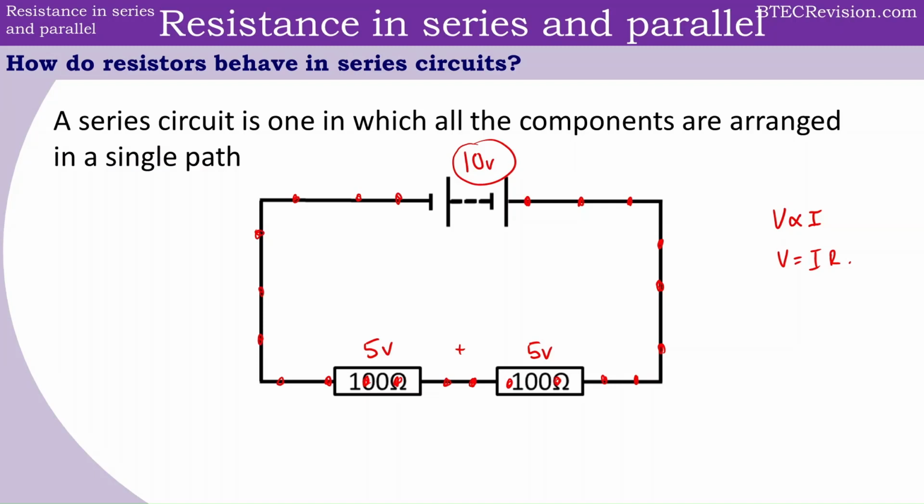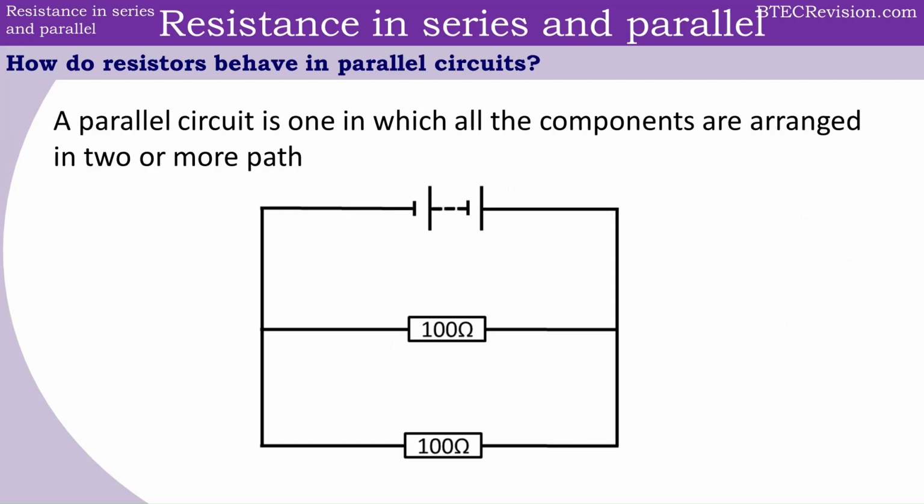We can work out the total resistance, which we have done before, which gives us R equals 200 ohms, and we've got a voltage, so we can work out the current. So current equals V over R, that is 10 over 200, so that would be 1 divided by 20, which is equal to 0.05 amps.